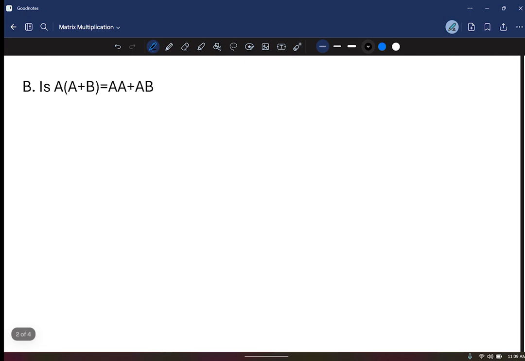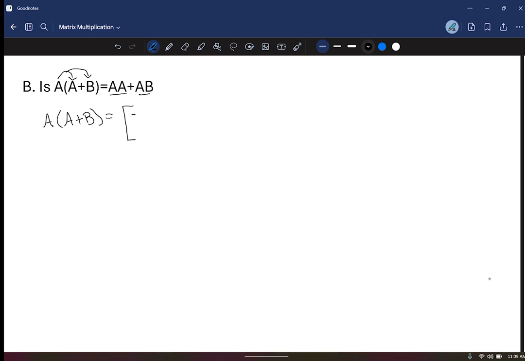All right, so let's think about, is it distributive? If I took A times (A plus B), and I distributed and did A times A and A times B and added those together, would it be the same? So we're going to start off with A times (A plus B). So I'm going to write down my matrices just as this is written.